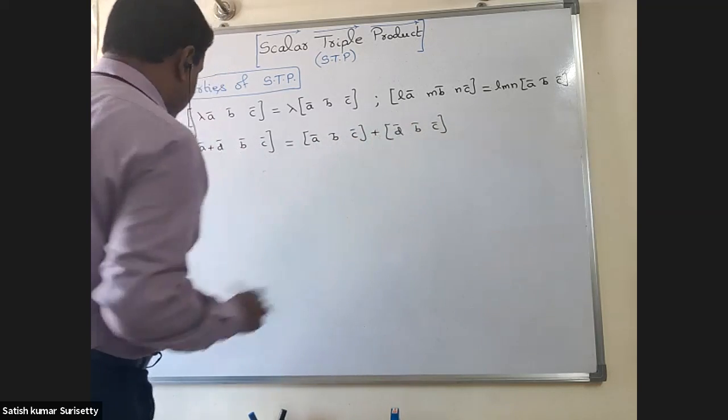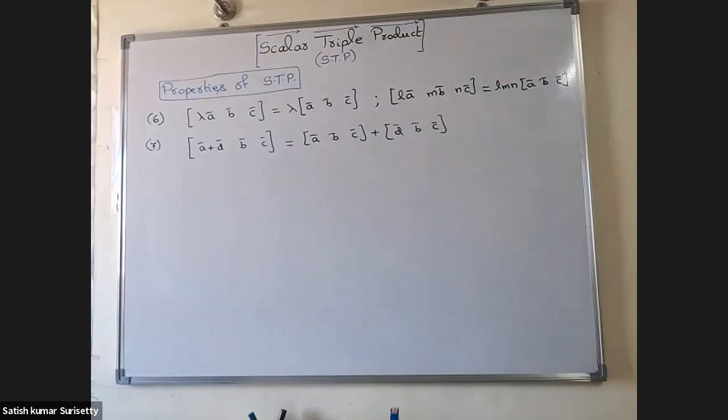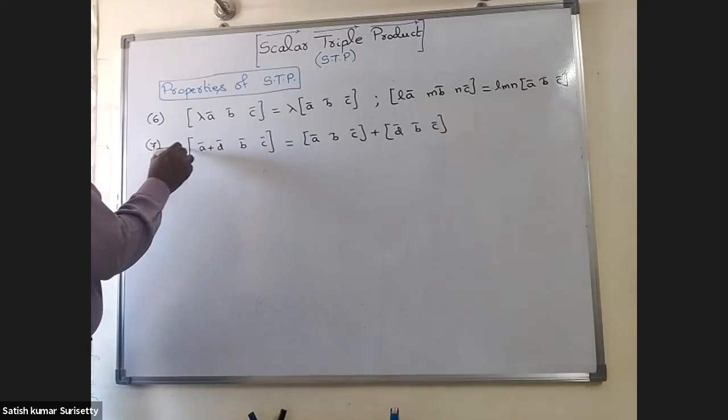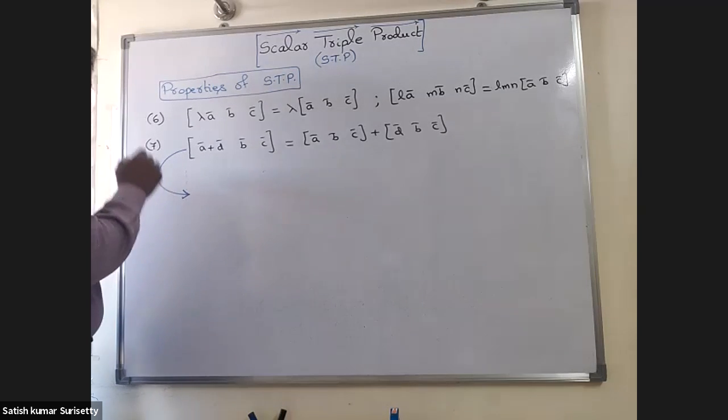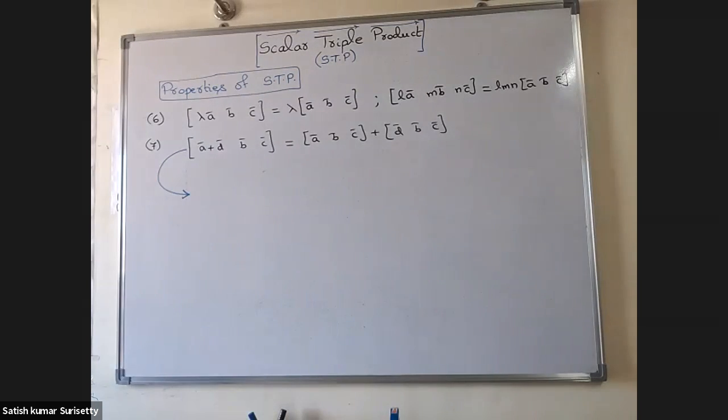Like in determinants, you have the same property. That is, if any row or column consists of a sum of two numbers, it can be split as a sum of two determinants. Let us prove this using vectors only rather than using determinants.